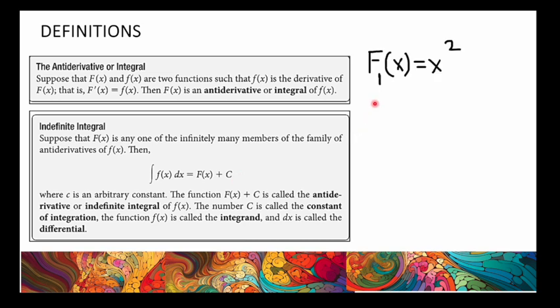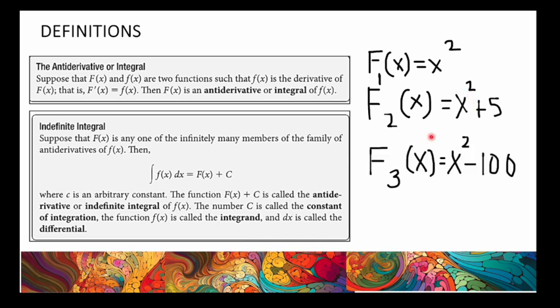So let's say I have this function. I'm going to list out a whole bunch of big F functions, and label them as 1, 2, and 3. Let's say we have this big F function, x squared. Then we have another big F function, x squared plus 5. Then we have another, x squared minus 100.